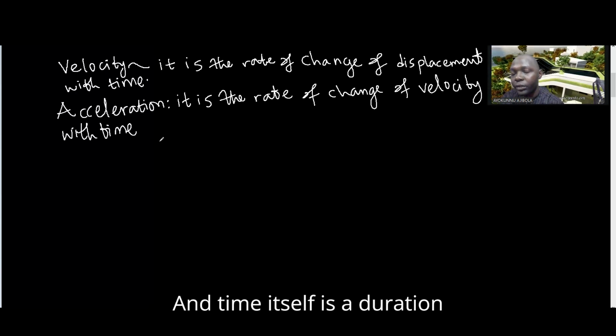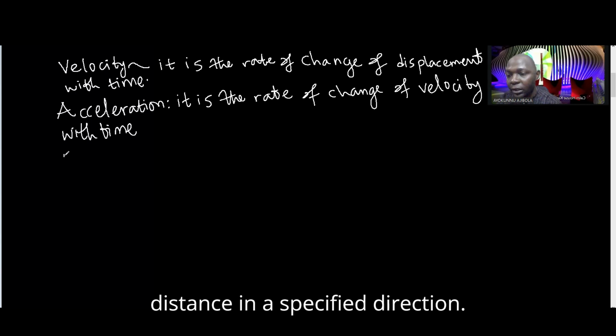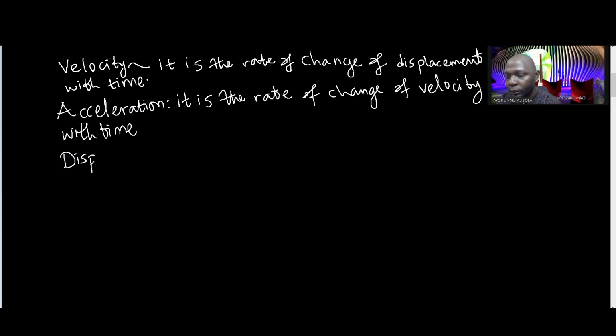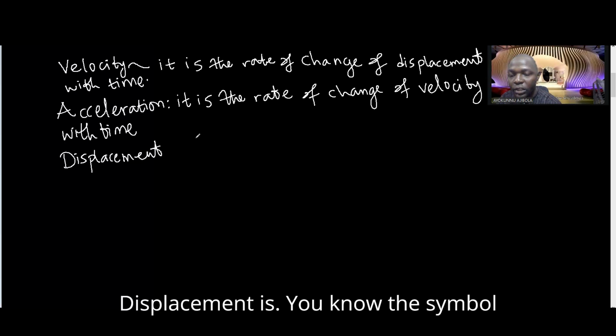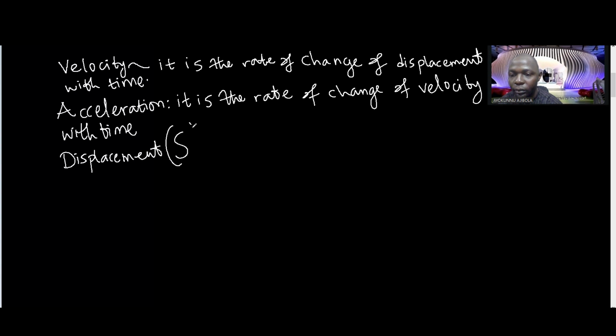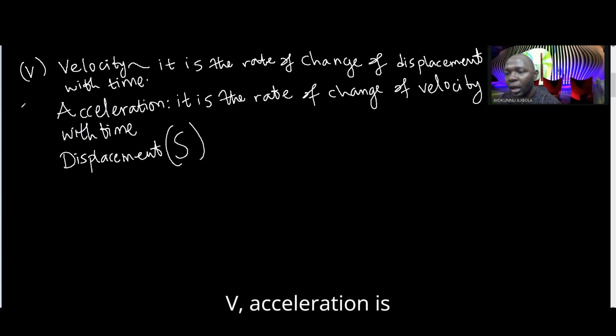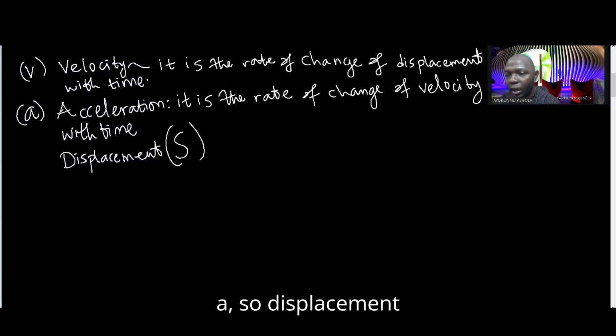And time itself is a duration, and displacement is like a covered distance in a specified direction. The symbol for displacement is letter S. Meanwhile, velocity is V, acceleration is A.